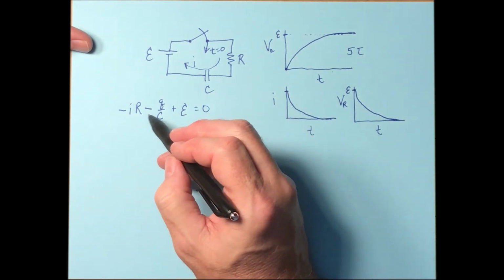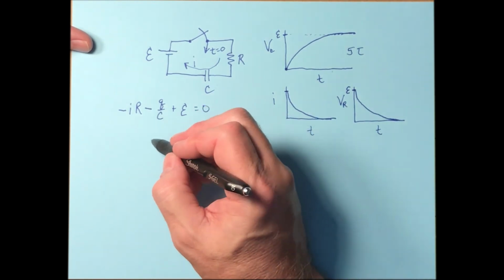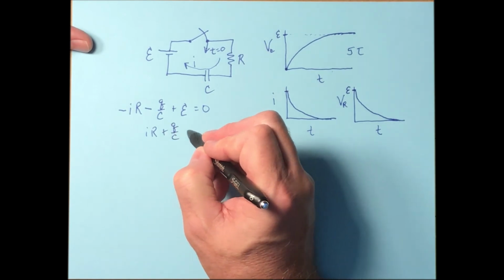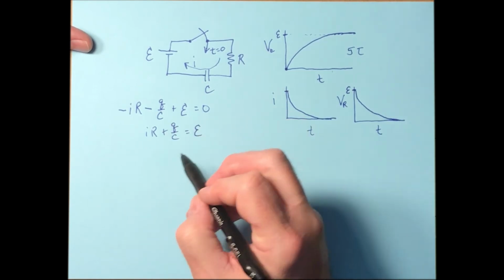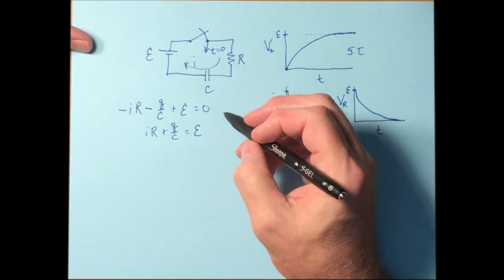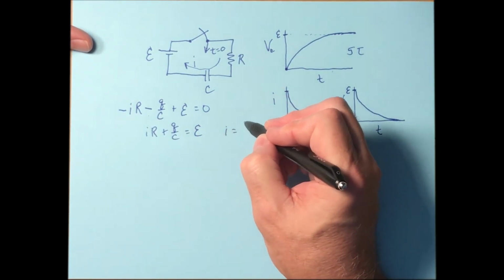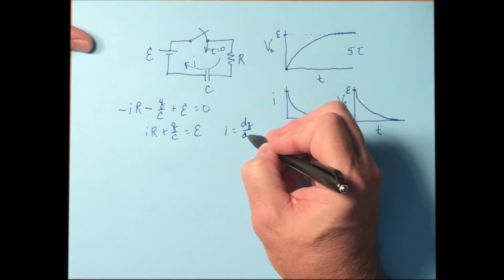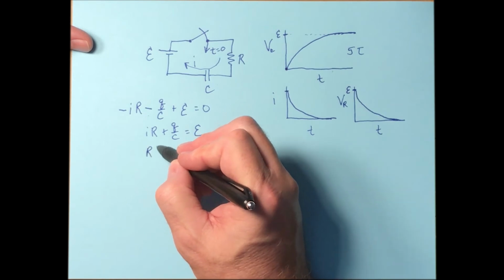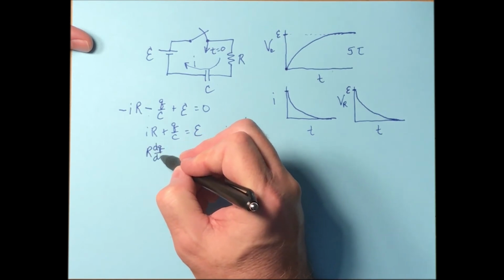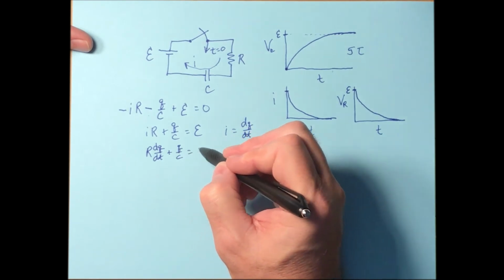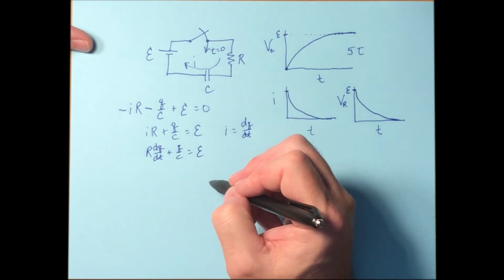All right, let's rearrange the terms here. I've got I R plus Q over C is equal to E. So I just changed sides to get rid of the negative sign here. And now we'll make the substitution that we did before, that I is dQ/dt, and we'll write this as R dQ/dt plus Q over C equals E. There.